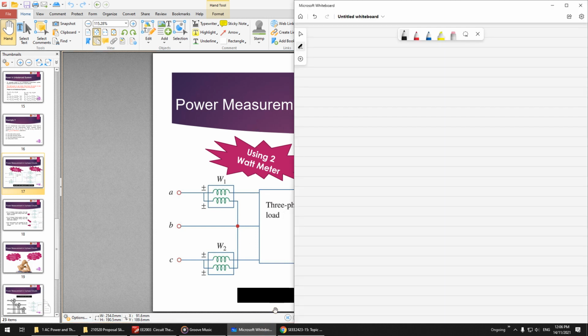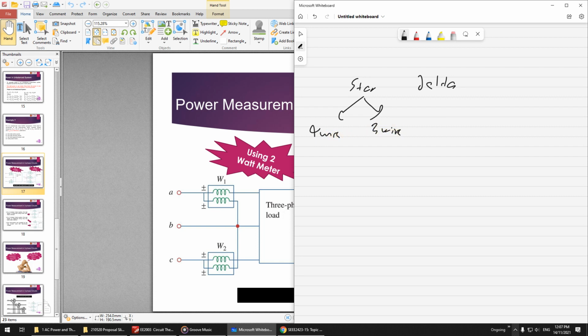Remember that I said you have star and delta. Star has 4 wire and 3 wire.